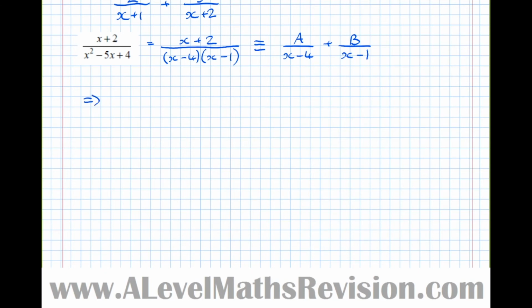Multiplying both sides by the denominator of the left-hand side gives me x plus 2 is identical to a(x minus 1), done the cancellation of the x minus 4s in my head, plus b(x minus 4). And now sub in tactical values.